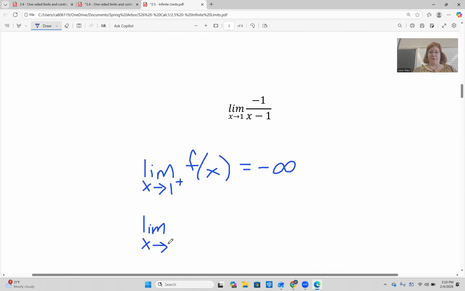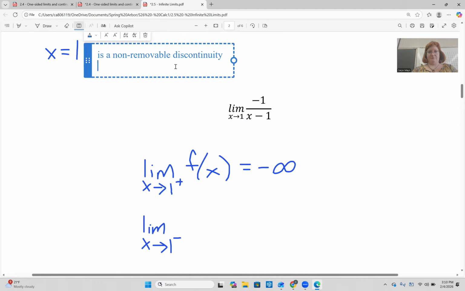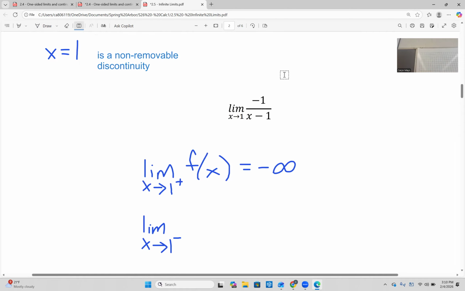Those first two bullet points I have, that x equals 1 is a non-removable discontinuity, remain the same. But now, from the left, are those values bigger than 1 or smaller than 1? Smaller than 1. So that's our 0.99s, 0.999.